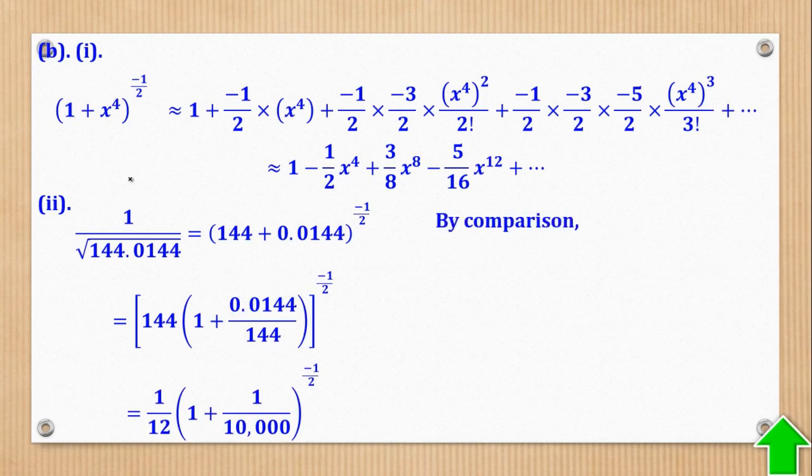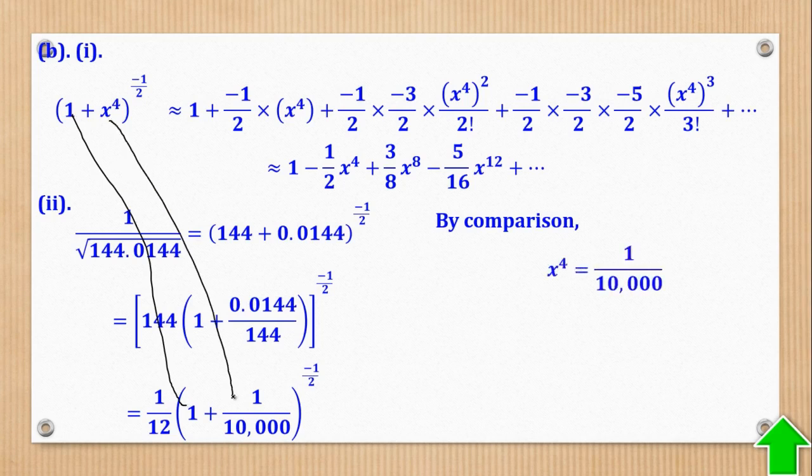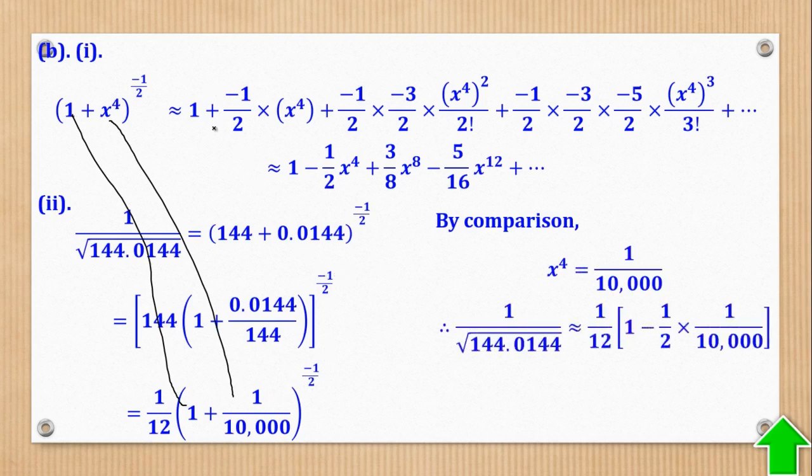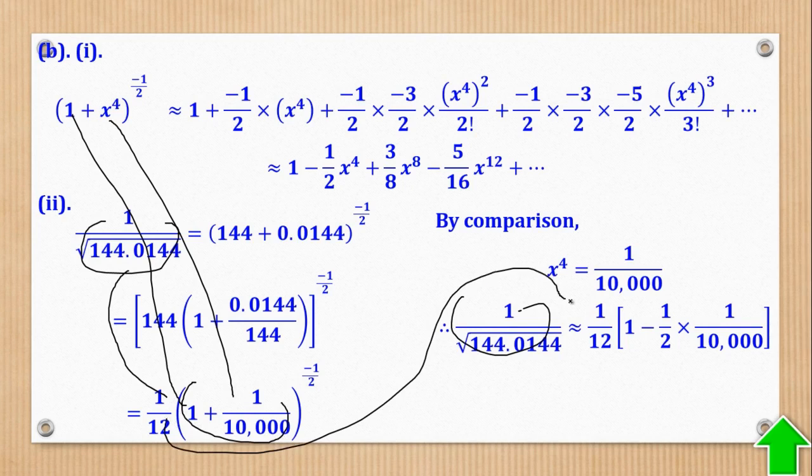So by comparison, if I compare, this is that, implying that this should be that. Okay, then they told us to use only the first 2 terms. So remember that this one, which is this, was got by saying 1 over 12 times this. So 1 over 12 is here.